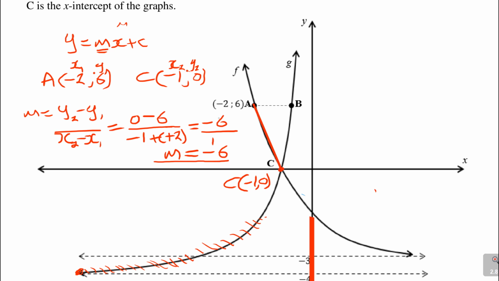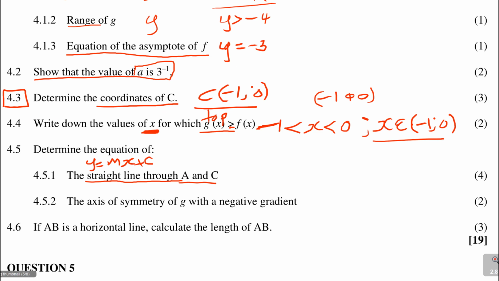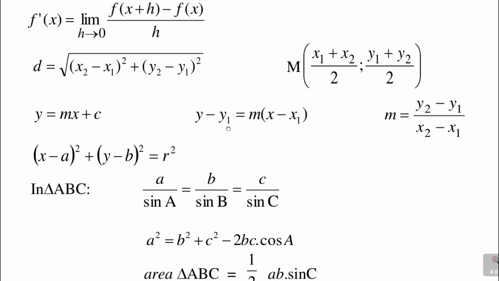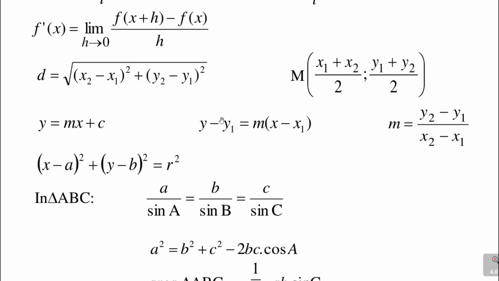Now to find the equation of a line, we are saying y is equal to mx plus c. But what I discovered is they did give you the formulas here. So let's check on the formulas. You could have used the formulas here. They state y is mx plus c. So you can use either this one or that one.